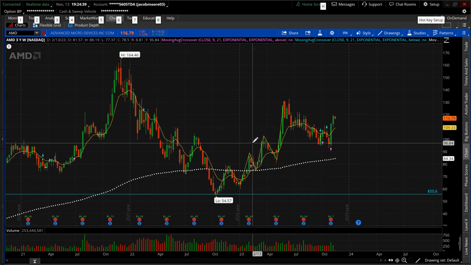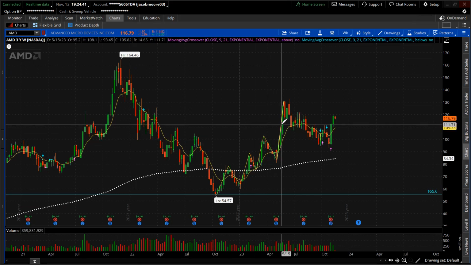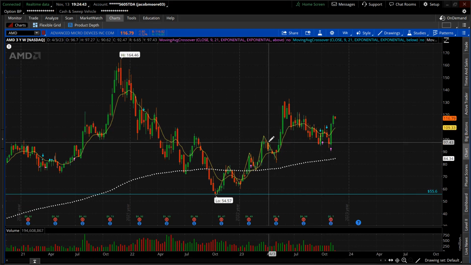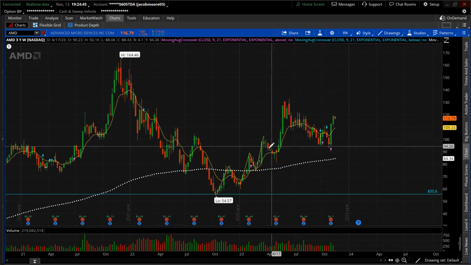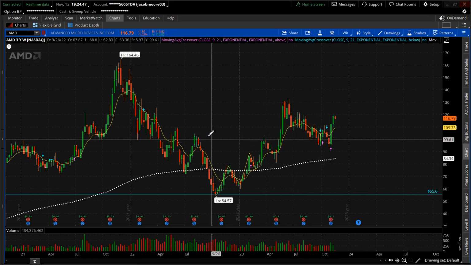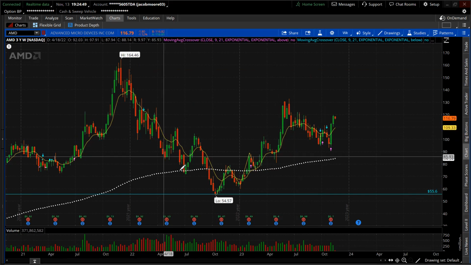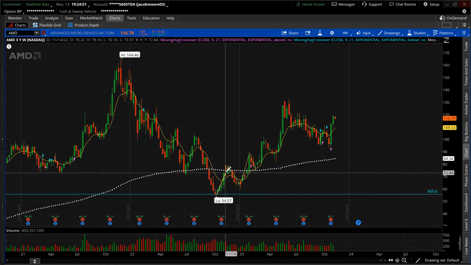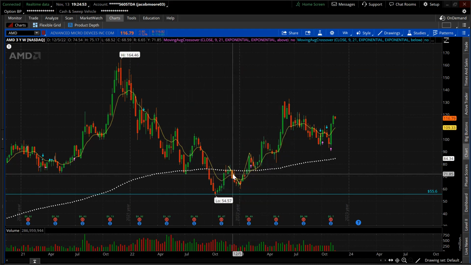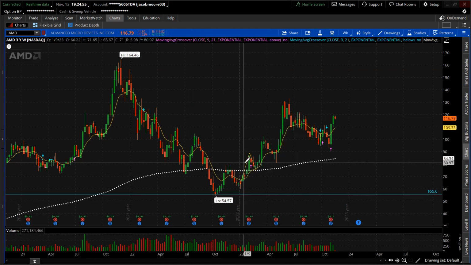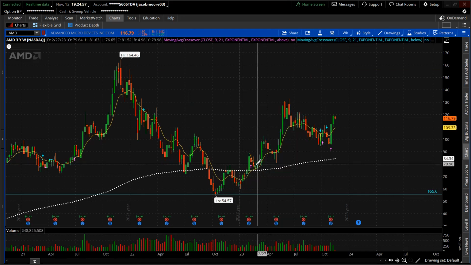And then I'm not sure who just said cup and handle, but I believe we're in a massive cup and handle. Look at this. Unfortunately, you can't draw U's, but look where we are. You all see that?